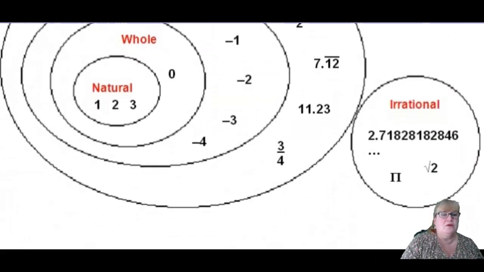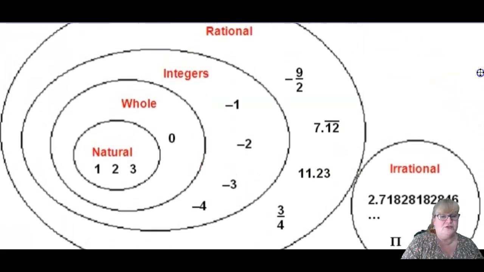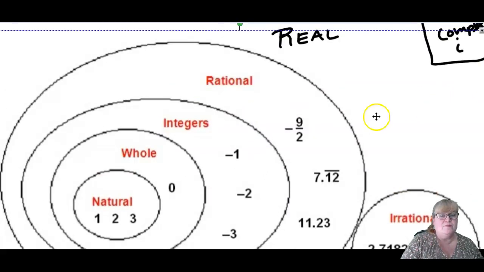We start out with the numbers like Mama taught you to count, 1, 2, 3. Those are called natural numbers. When you add in 0, it's called whole numbers, but that's all, just 0 plus the natural numbers. When you start talking about negative and positive numbers, it's integers, as long as they're all whole numbers, except they could be negative.